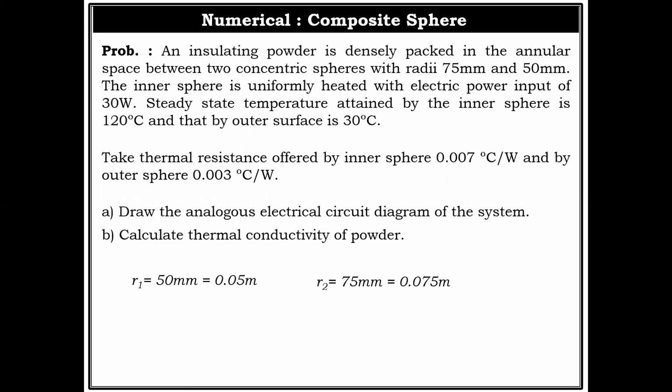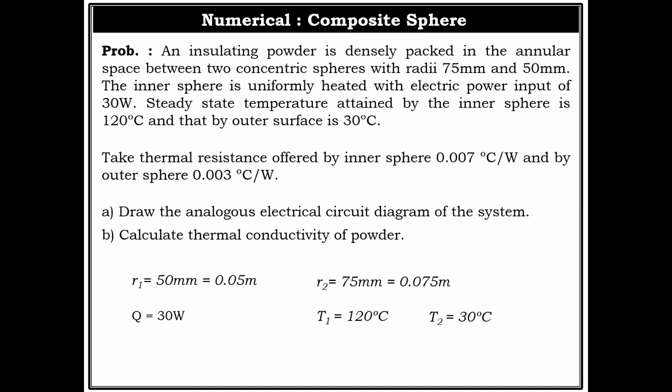So an electrical heater is used, with power 30 watt. That means this much heat is supplied, so Q is 30 watt. The steady state temperature attained by the inner sphere is 120 degrees centigrade, so T1, the inner sphere temperature, is 120 degrees centigrade, and the outer surface is at 30 degrees, so T2 is 30 degrees centigrade.